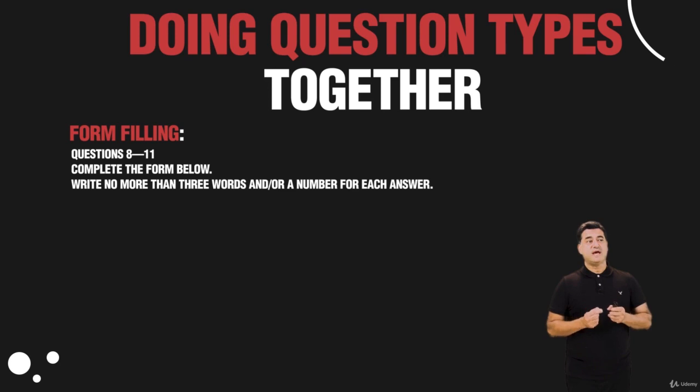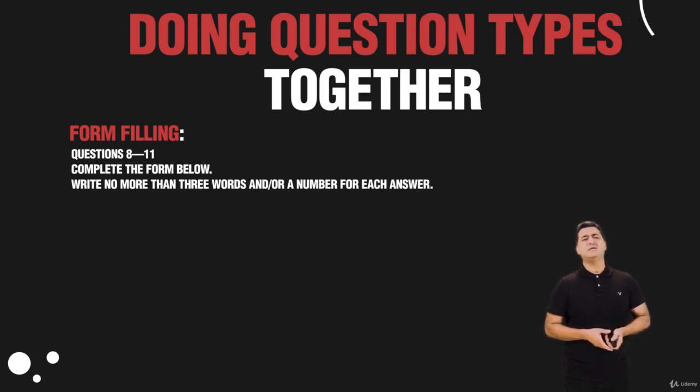Whenever it comes to the IELTS listening, the direction is very important. What type of answer is required? For example, here the direction says use no more than 3 words and or a number. That's the parameter that you have to follow when giving the answer. Now it's very simple.